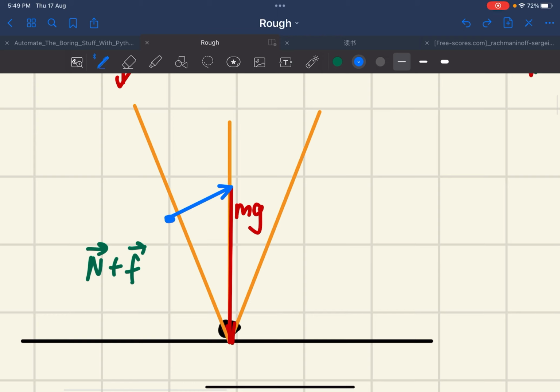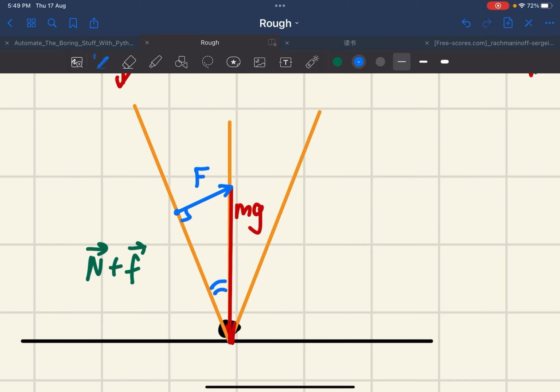Now for which endpoint here will our blue vector be the smallest length? It will actually be right here, so that this is a right angle, and this point is just touching this orange line. That will minimize our F while making the box move.